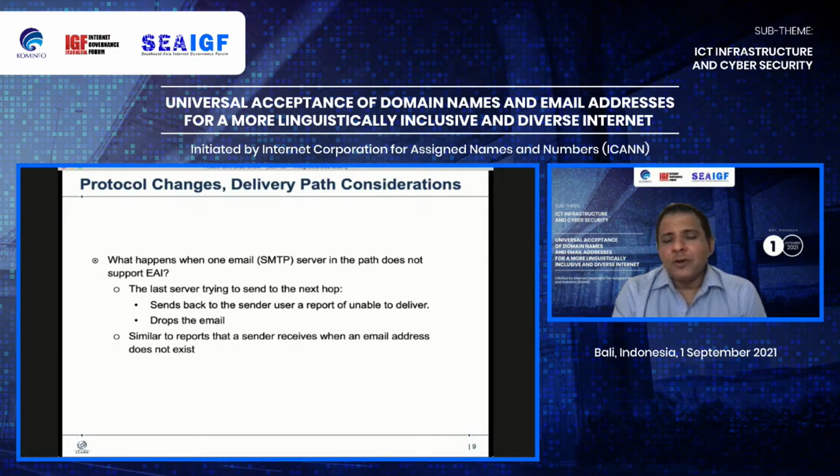If some of those mail servers cannot support it, then our email will not be delivered. Sometimes if it goes through the supporting mail servers, it can be delivered, but if it goes to the non-supporting mail servers, it may not get delivered. So this can be an intermittent problem. To avoid that, we have to make sure that even in DNS, all the MX records that you list have EAI mail support. Next slide.